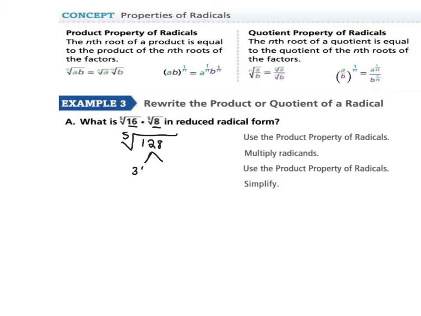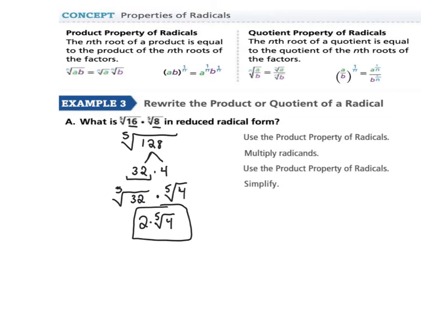Well, 32 we can take the fifth root of, okay? And then 32 times 4 gives us our 128. So we're going to rewrite this as fifth root of 32, because I can take the fifth root of it, times the fifth root of 4, which is just what's left over. Okay, the fifth root of 32 is 2, and then we have the fifth root of 4 left over. So our reduced form for this would be 2 fifth root of 4.